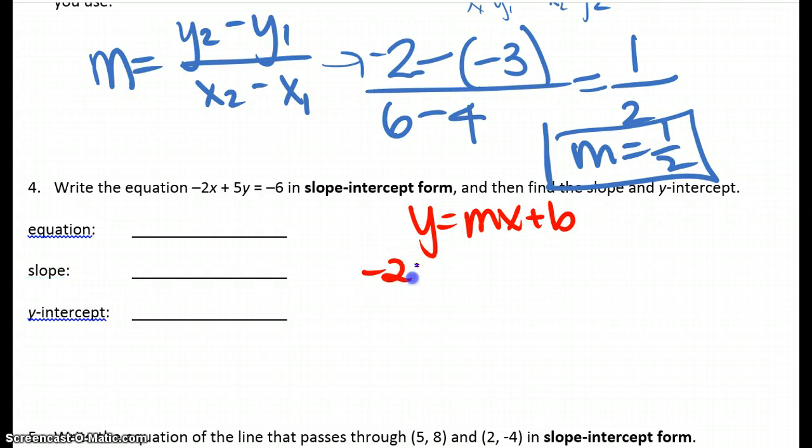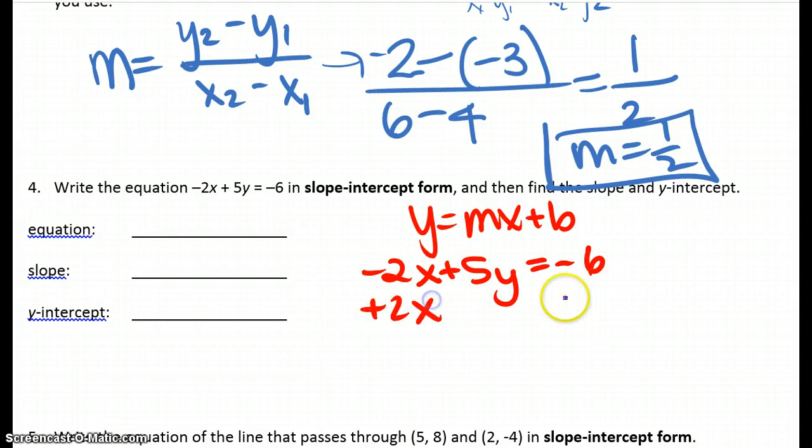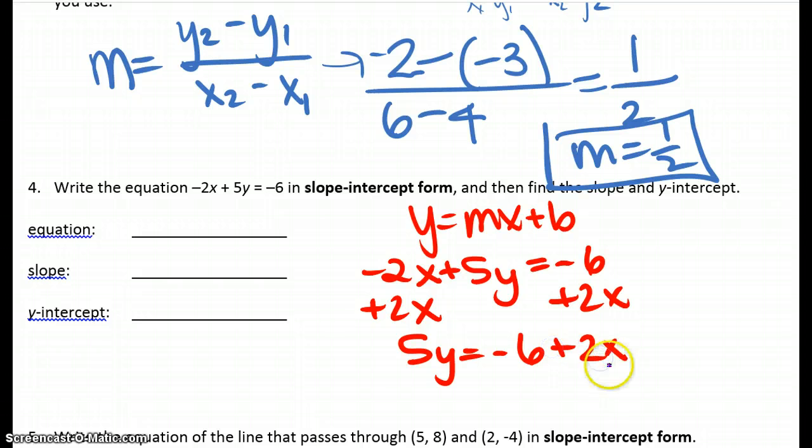So I have negative 2x plus 5y equals negative 6. I'm going to add 2x to both sides. That leaves me with 5y equals negative 6 plus 2x. I need to get y by itself, so divide both sides by 5.